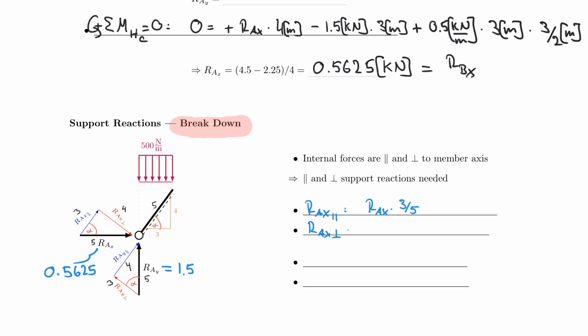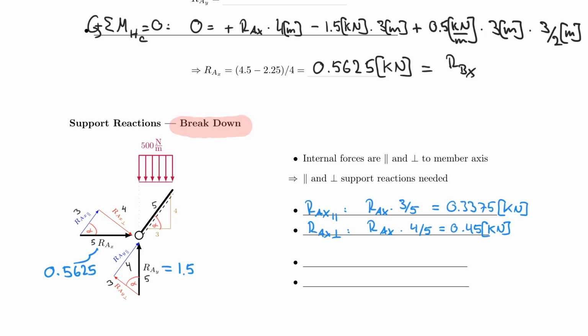RAX perpendicular is RAX multiplied by 4 divided by 5. And if you solve these numerically, you find 0.3375 kilonewton and 0.45 kilonewton.